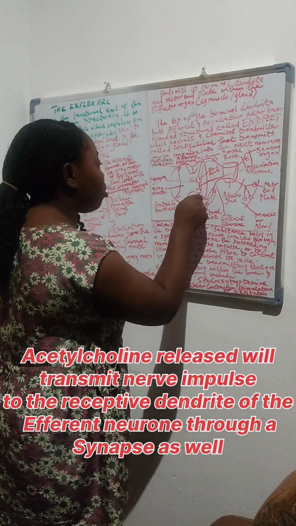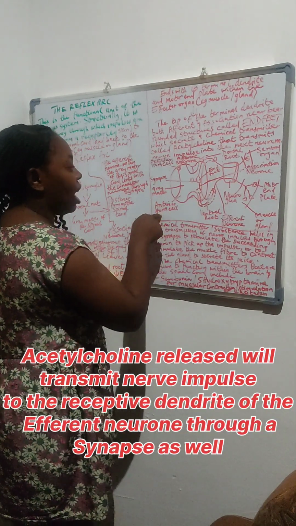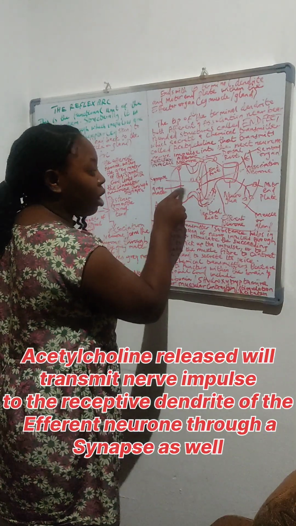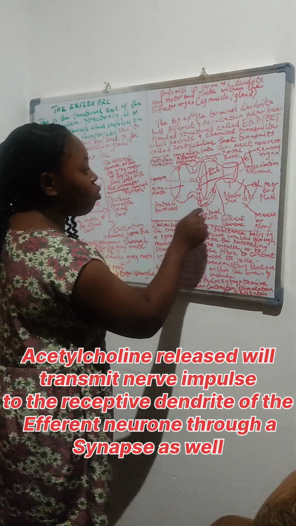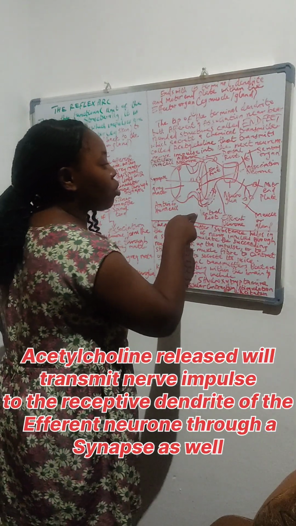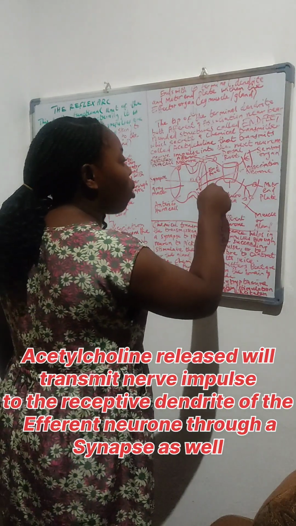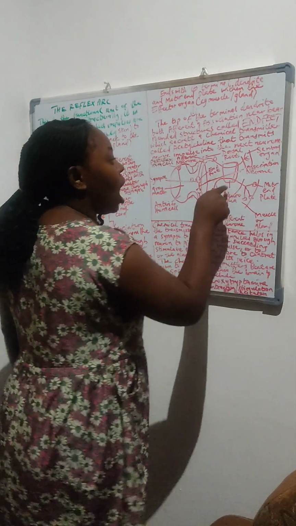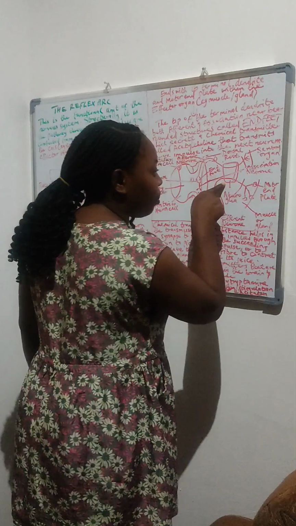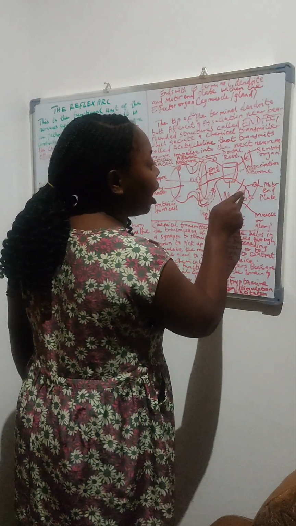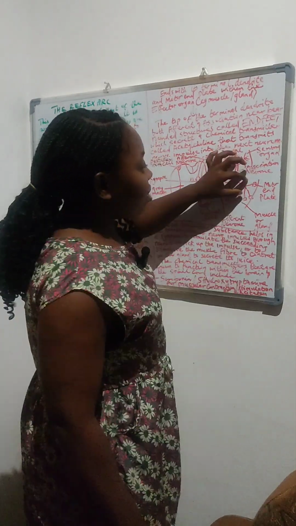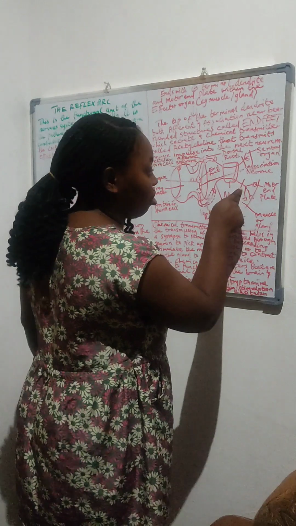So the efferent neuron has now entered the anterior horn cell of the spinal cord. It will now move and enter the ventral roots of the spinal cord, and also continue and enter the neuroglia again. After entering the neuroglia, it will terminate as the terminal dendrites.